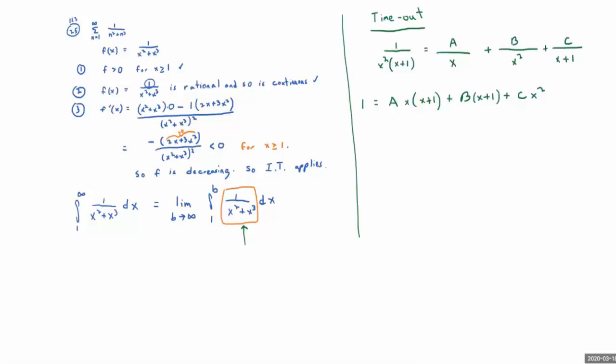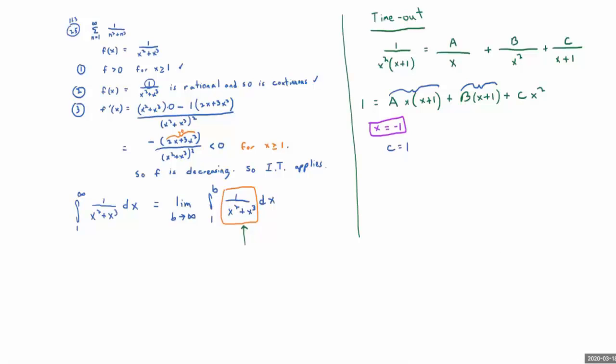What would be a good number to let x equal? -1. Sure, that works. If x equals -1, this whole term is gone, and this one is gone. And then this one is just c, because it's -1 squared. So c equals 1.